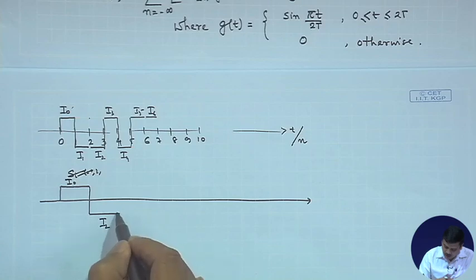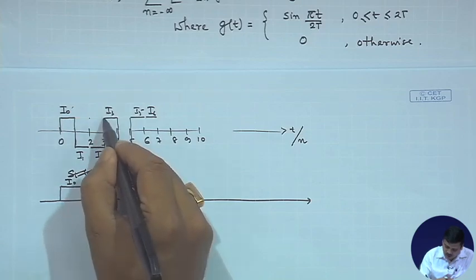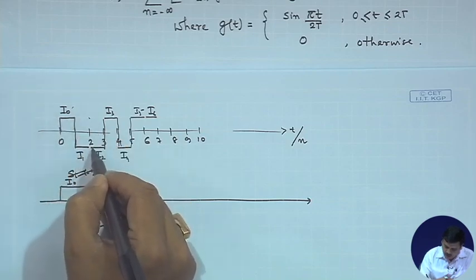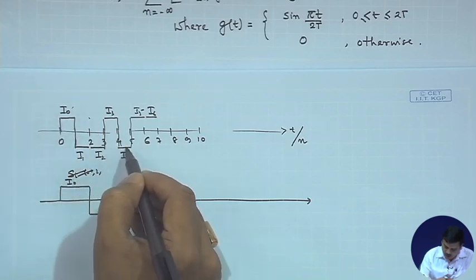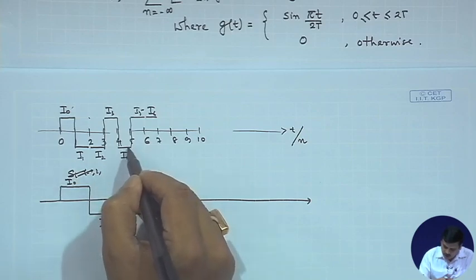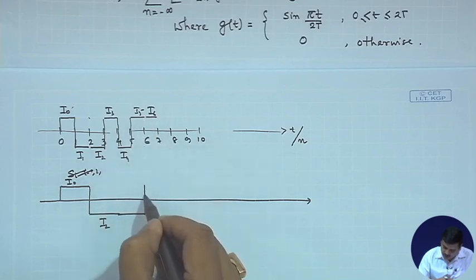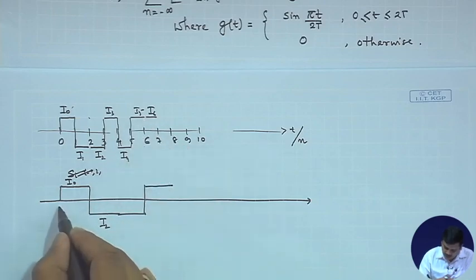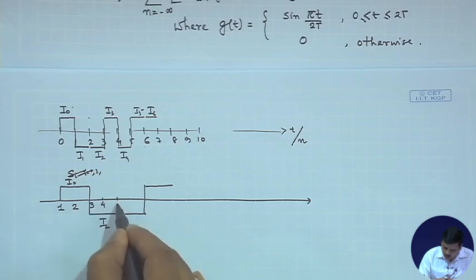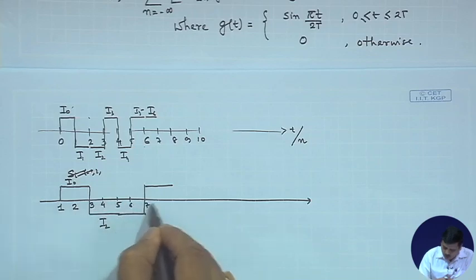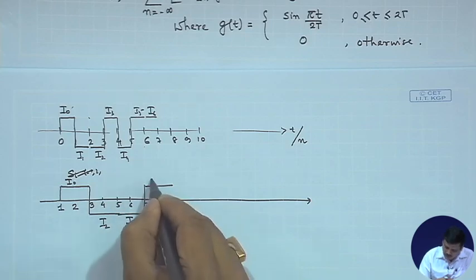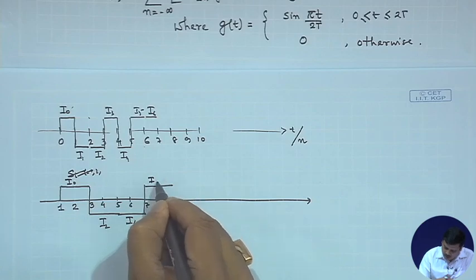Again I am going to get I_4 and stretch it for this duration, then I am going to get I_6 and stretch it there. So, this is I_2, this is I_4, this is I_6.